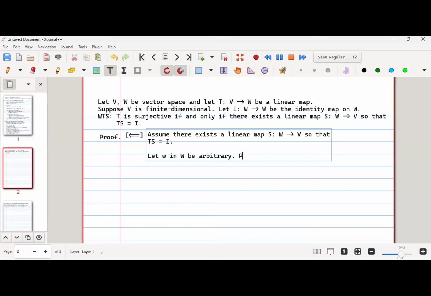Now, does anyone have any idea what vector I should pick? So I want to pick a vector V in V. That V satisfies something, right? Or V is equal to SW.